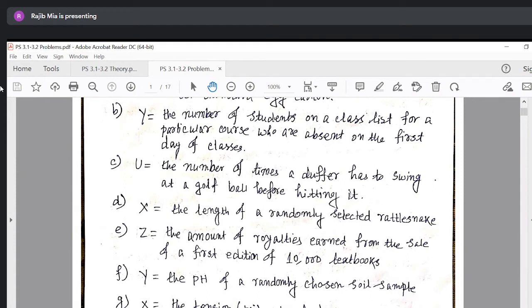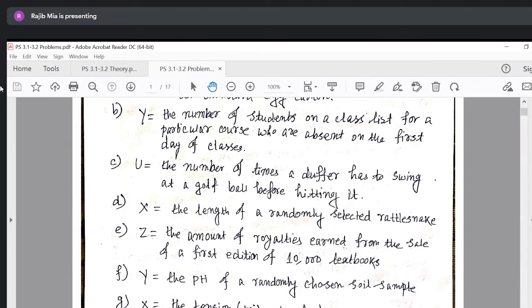You have to look for this. The x is defined as the length of a randomly selected rattlesnake. So there is only one snake we have, and we measure this length. Measure the length of the rattlesnake.